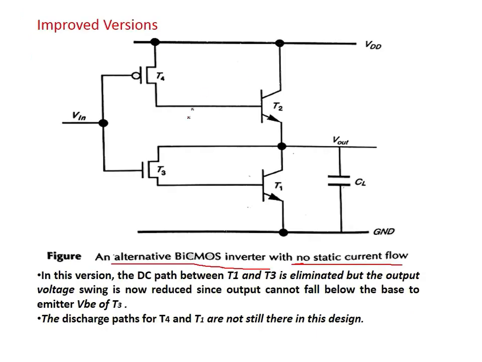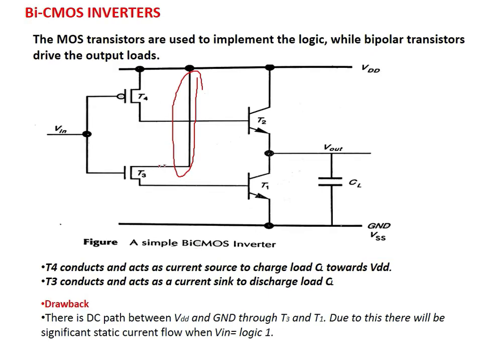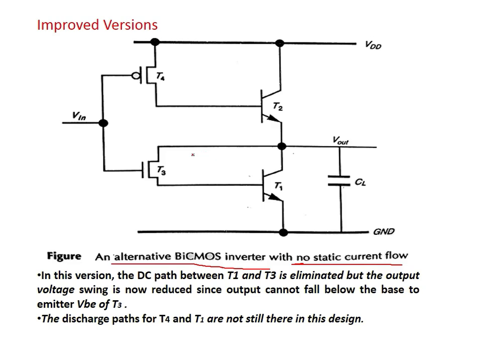See, there is no path, and this terminal is connected directly to the output point. Now the path from VDD to T3 to T1 to ground is eliminated. Hence there is no static current flow, and you can overcome the drawback.